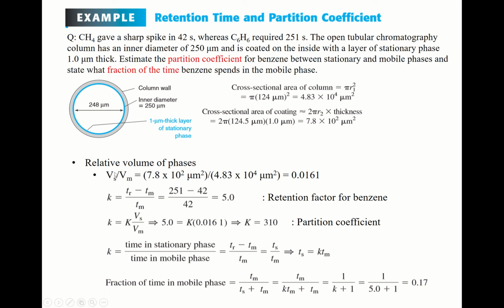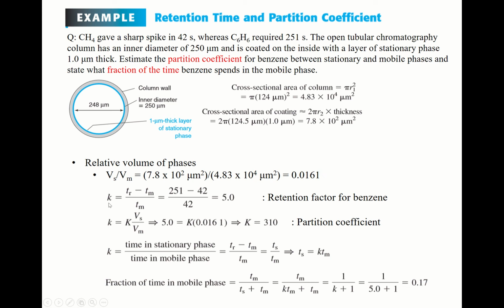Vs is the volume of the stationary phase, for which we calculated the area, and the volume of the mobile phase is the area inside, which is this number. Then the ratio Vs to Vm is 0.0161.